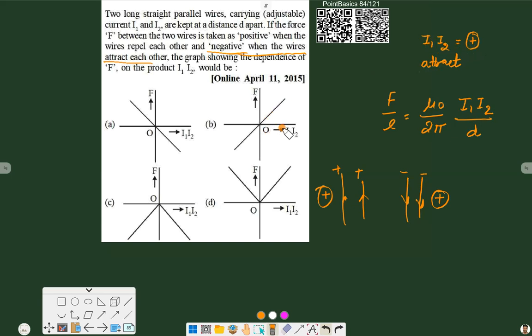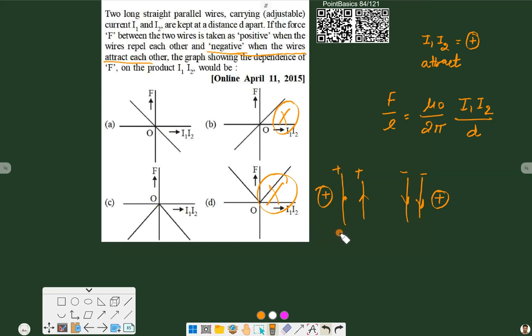So in this region we have I1 I2 as positive, so the force needs to be negative here. In option B, the force is positive when I1 and I2 are positive, so this option gets rejected. This option also gets rejected, so we have options A and C left.